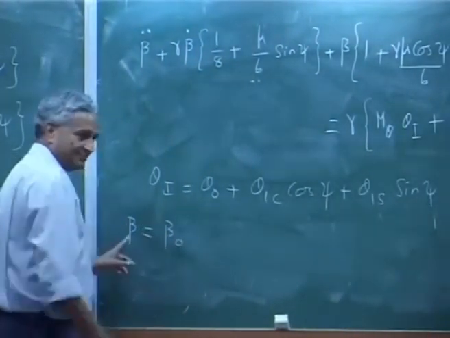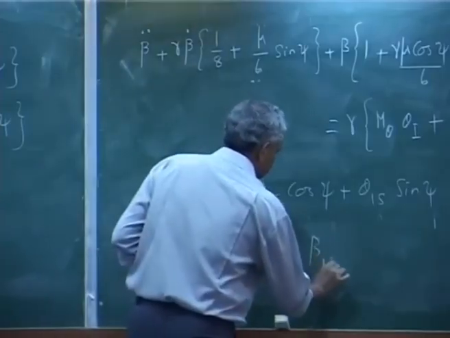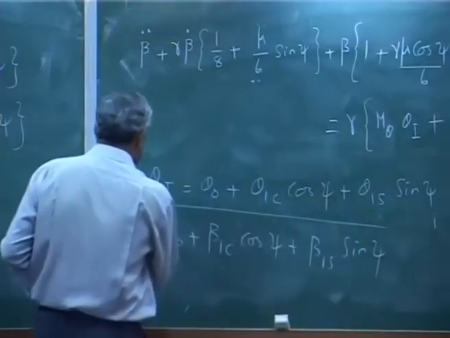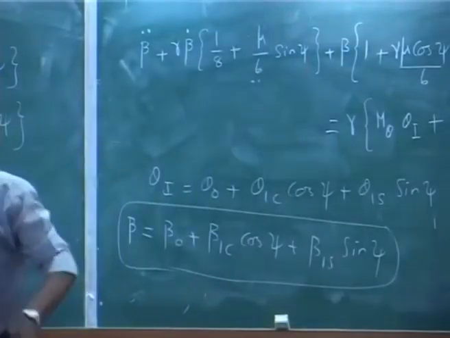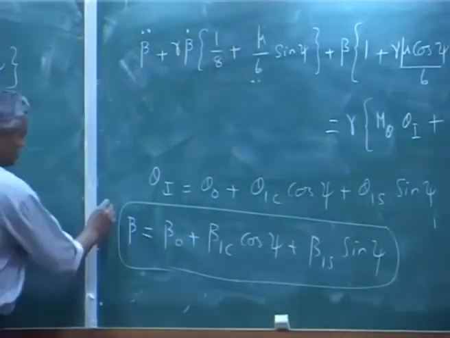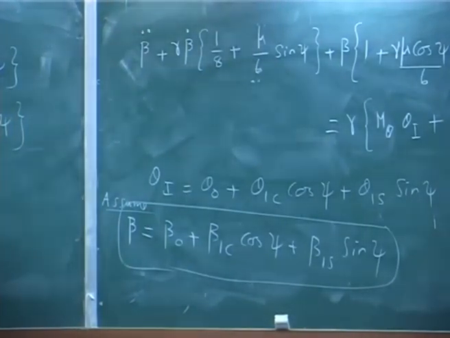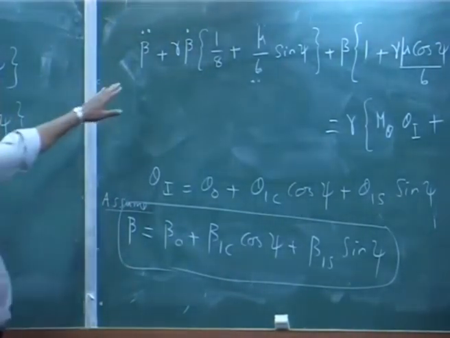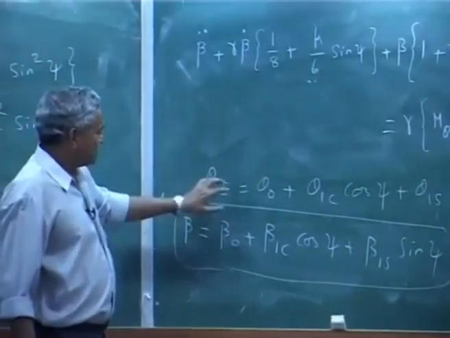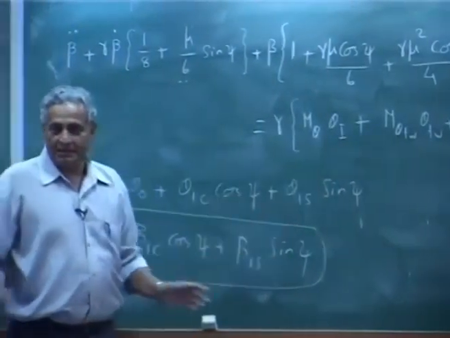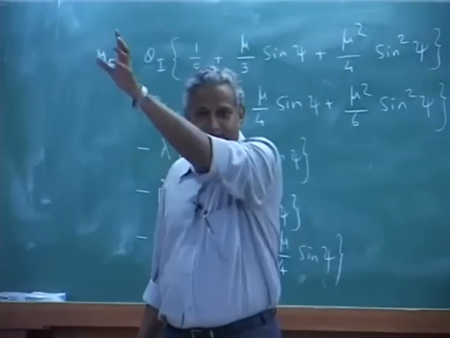So I am assuming only first harmonic, I am not considering other harmonics. That means, assume this is my solution. What you do is, you have this equation, substitute this on the left hand side, substitute this on the right hand side, and collect all the constant terms, sine psi terms, cosine psi terms.